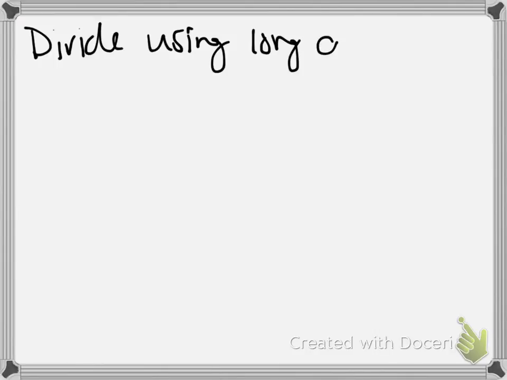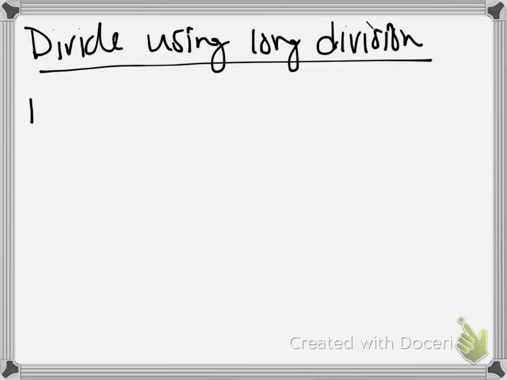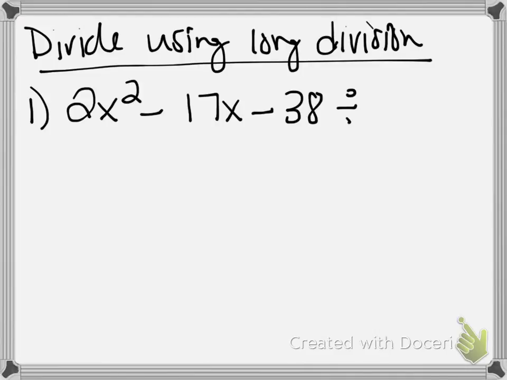So the directions are divide using long division. Okay? So the first problem that we have is 2x squared minus 17x minus 38 divided by 2x plus 3.